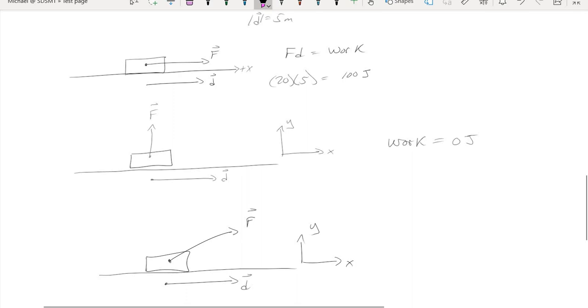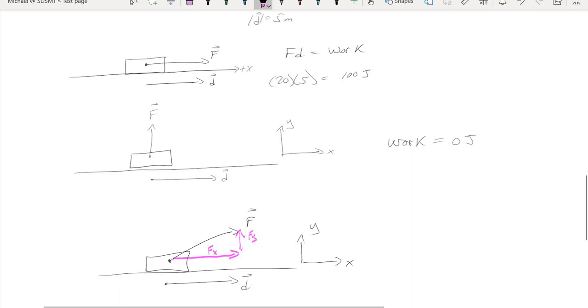But that's because this force has components along the x and the y directions. And the x component of this force, well, it's pointing in the same direction as the displacement. We would fully expect it to contribute some work. But the y component is pointing in a completely different axis.